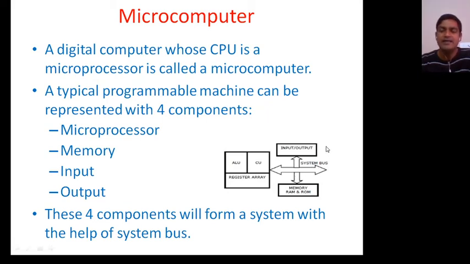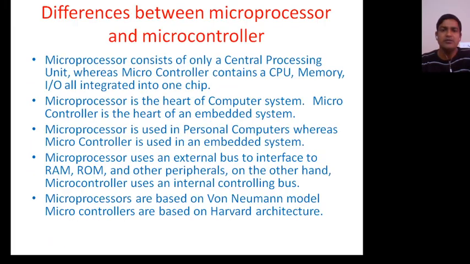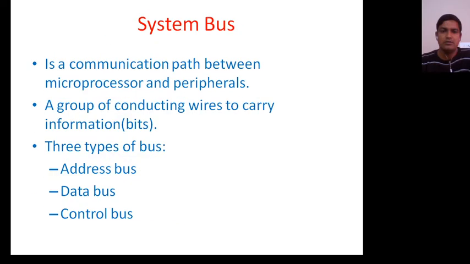A bus is nothing but a group of conducting wires which is used to carry bits or information. Okay, this is your system bus. It is the communication path between the microprocessor and peripherals. It is a group of conducting wires to carry information or bits.